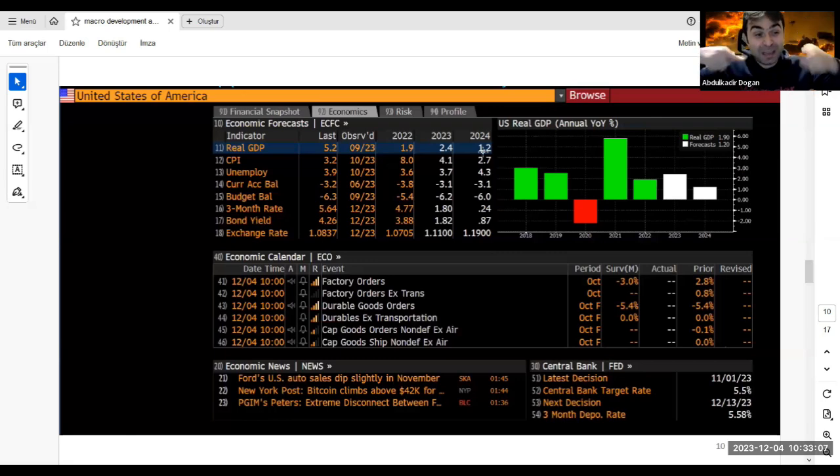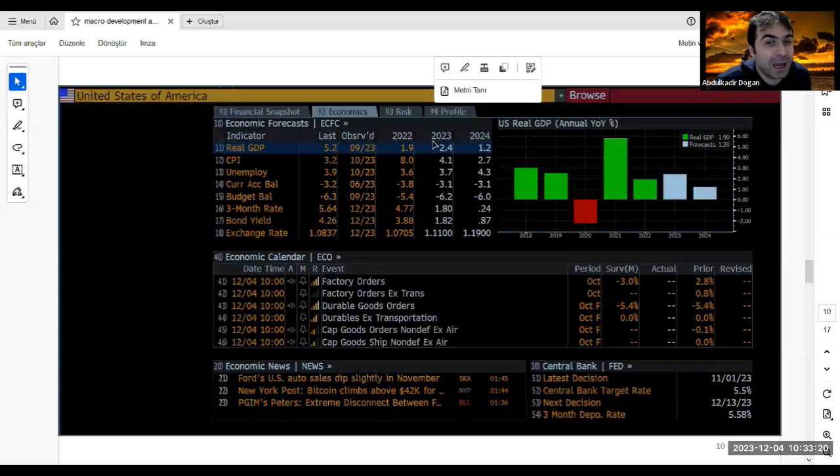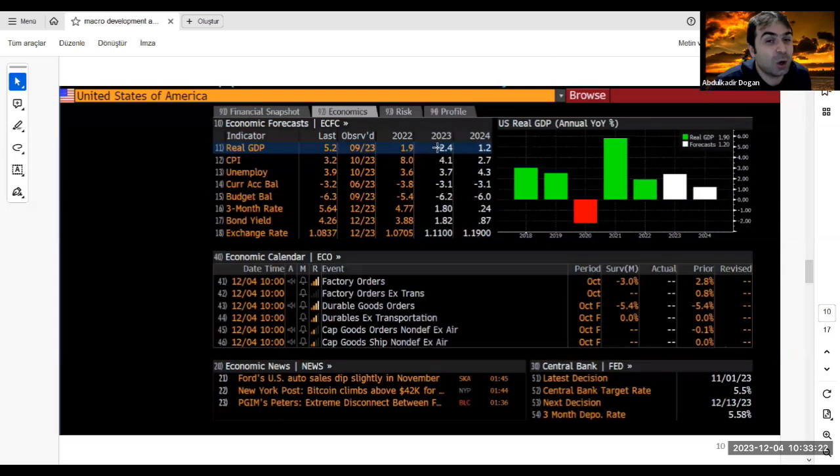If the GDP decreases for 2 consecutive quarters, I can directly speak about the recessionary effect. So the real GDP today will grow around 2.5%, but next year it will be half, 1.2. So the market has still not gotten rid of all recession expectation. The market is still fearing the recession.